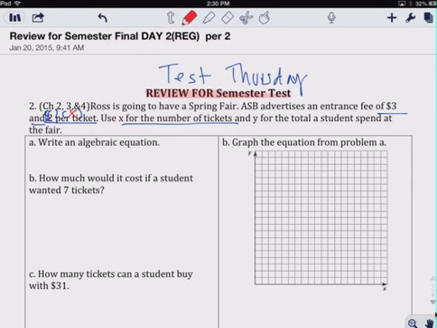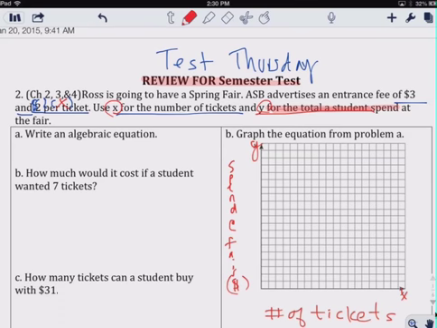So X is for the number of tickets, and Y is for the total spending at the fair, in dollars.